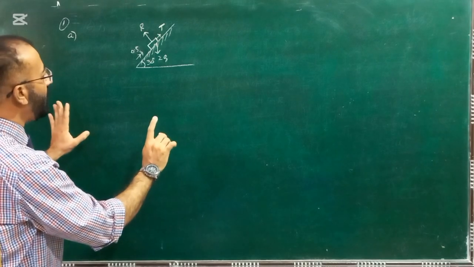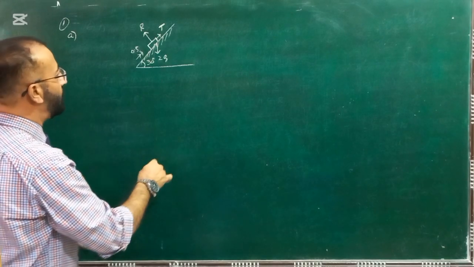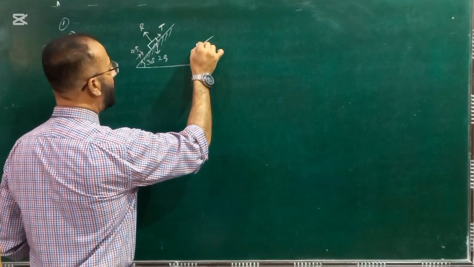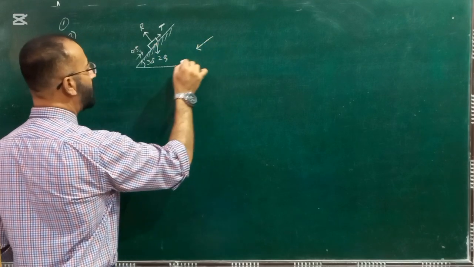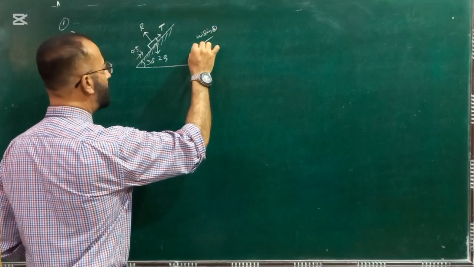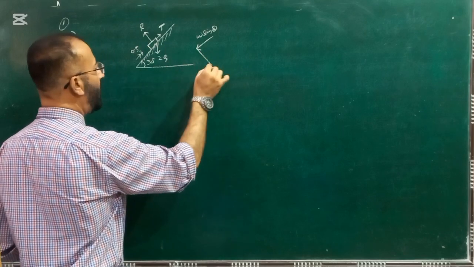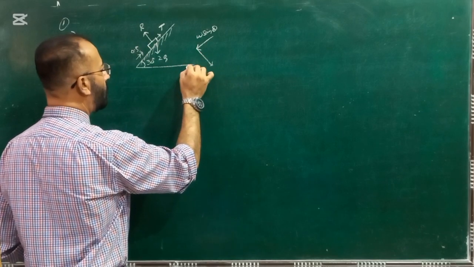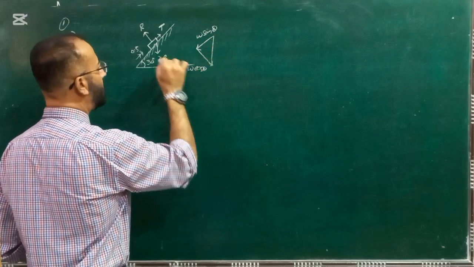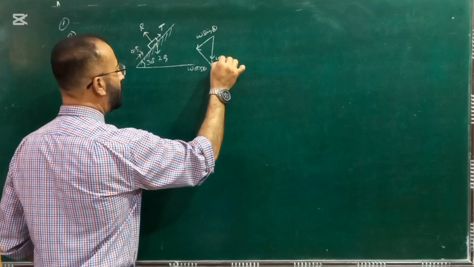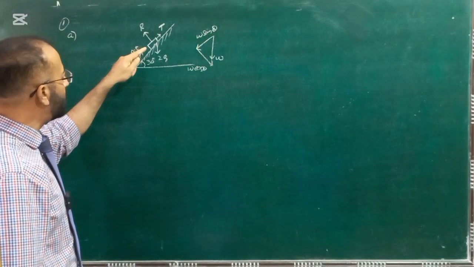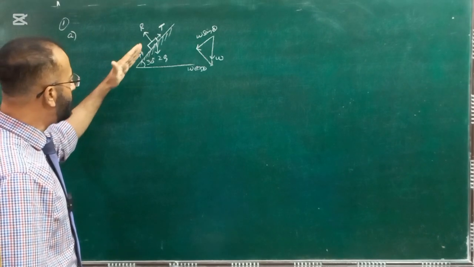So it means there will be no friction. This is the component of the weight W, that is W sine theta. This is the component perpendicular to the plane, that is W cos theta, and this is the weight W. Now this is the vector which is applying parallel to the plane.